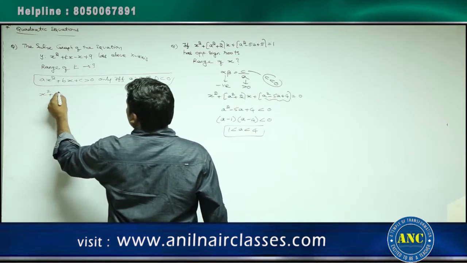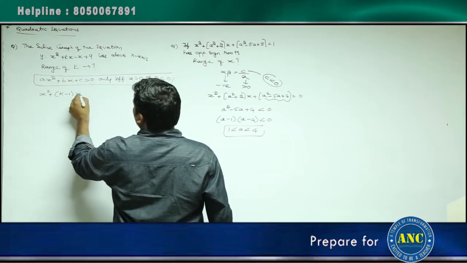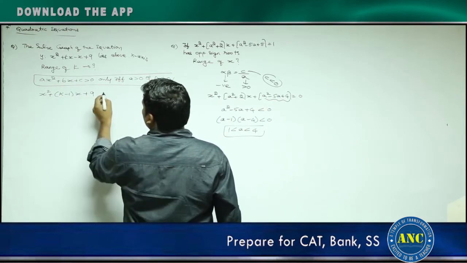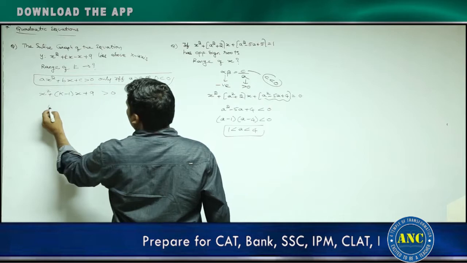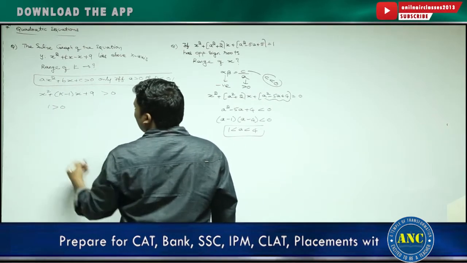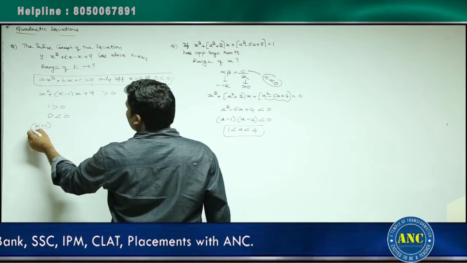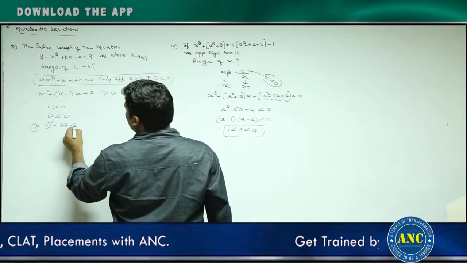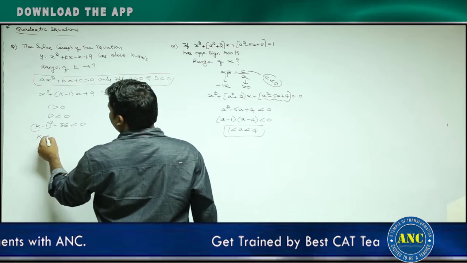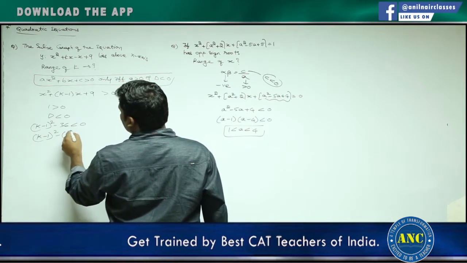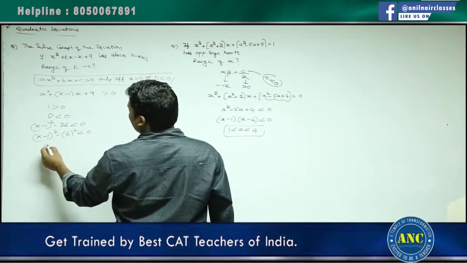X square plus (k minus 1) into x plus 9. This will be greater than 0 only if a is 1, greater than 0, d should be less than 0. (K minus 1) whole square minus 36 less than 0. Minus 6 whole square less than 0.